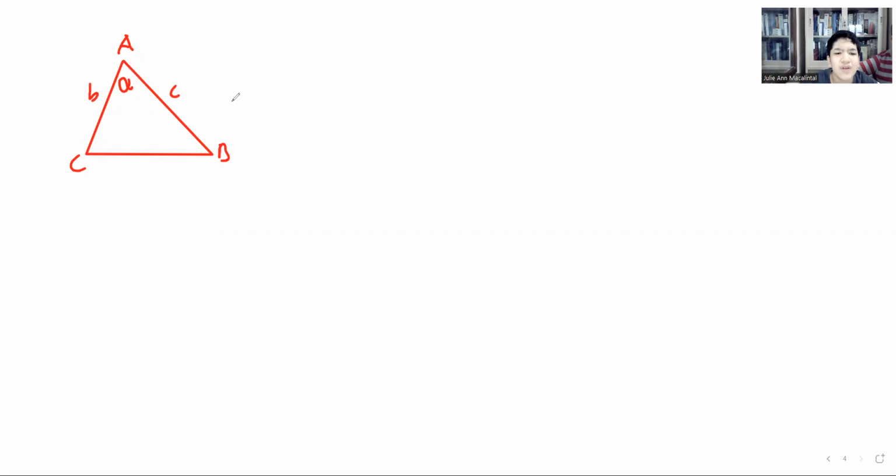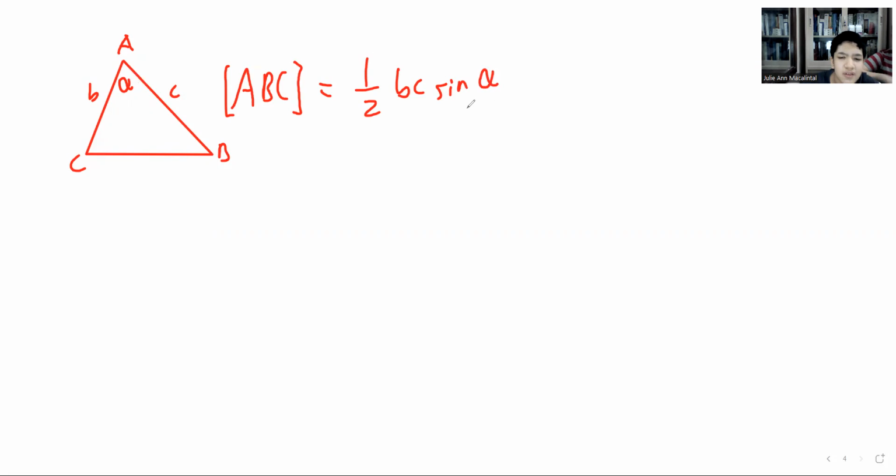Okay, as it turns out, for any triangle ABC, the area equals 1/2 BC sine alpha. You might realize this looks like the 1/2 BH formula.